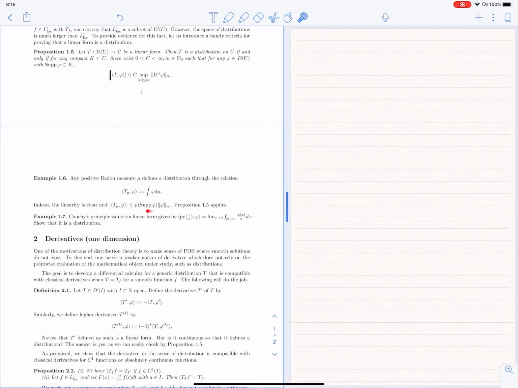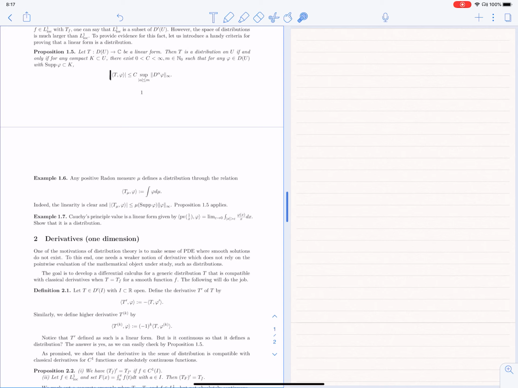So this is a positive and finite constant, and this one is the uniform norm of the function itself. In particular, this means that we have m equals 0 in proposition 1.5. So this shows that we have a distribution.